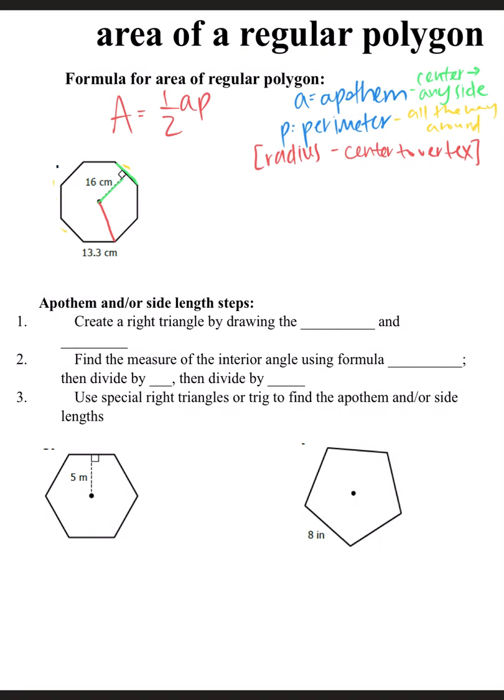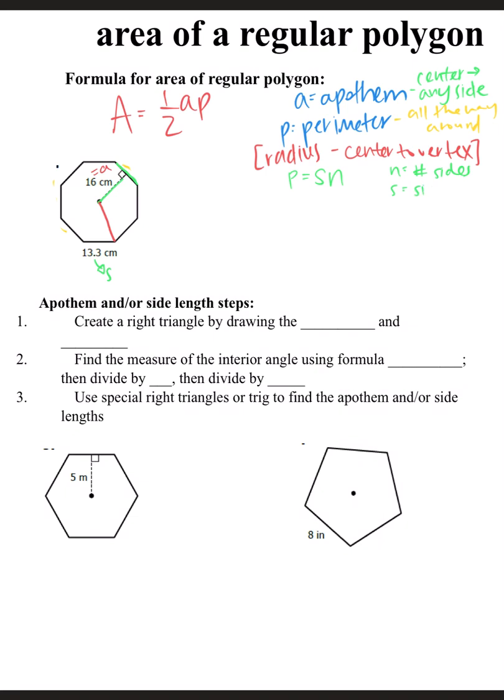So we need the apothem and the perimeter in order to find the area. Looking at this example, this 16 is our apothem, right? It goes from the center to the side. So this is our A. How do I find the perimeter? An easy way is perimeter equals the side length S times N, where N is the number of sides.